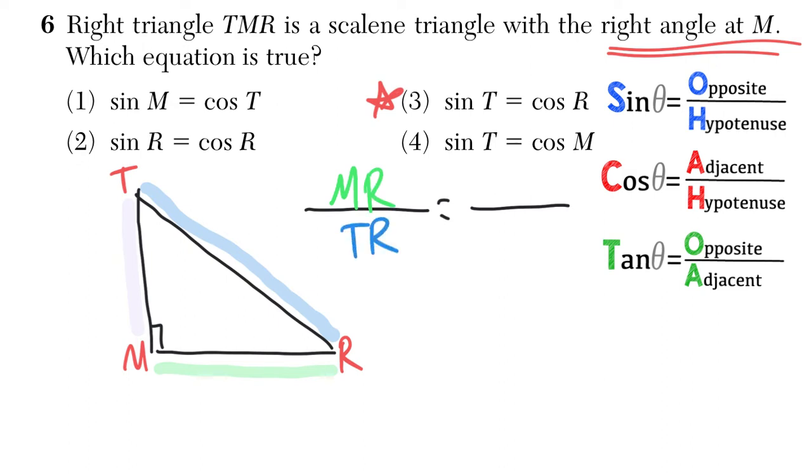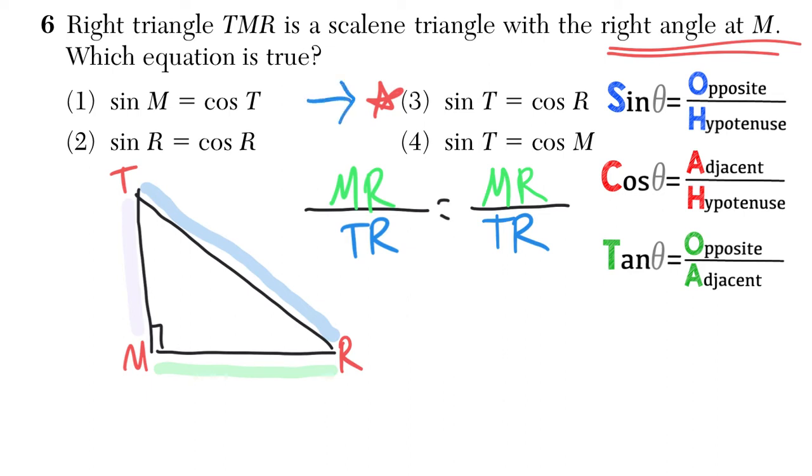Great. And then I'm going to be thinking about it from the perspective of cosine of R. This is angle R. Cosine is adjacent over hypotenuse. So adjacent over hypotenuse, again, is green over blue. So it's going to be MR over TR. That makes sense. That seems pretty easy. This is the correct answer.